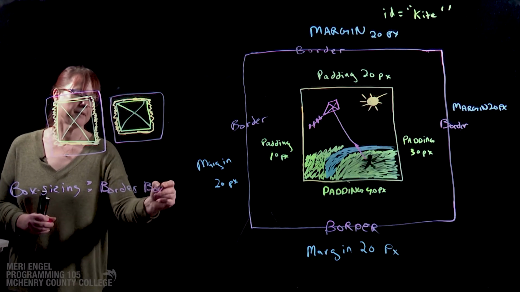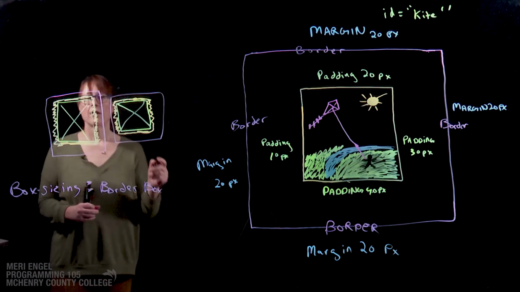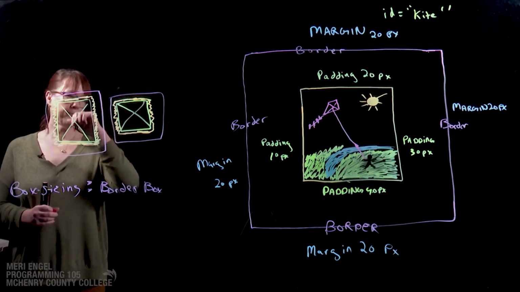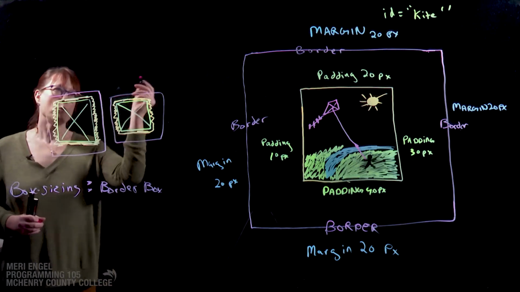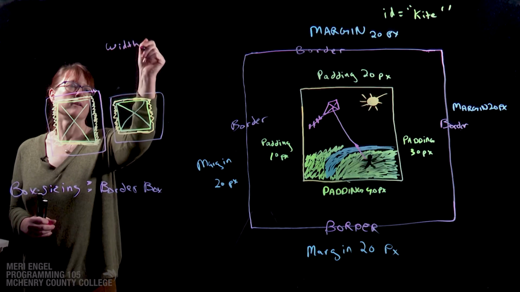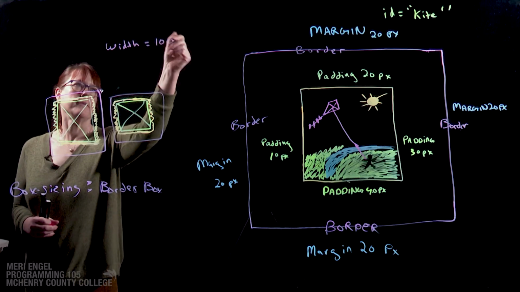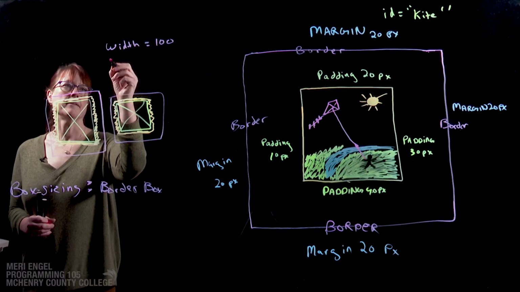box. This makes things easier for us because when we're developing, what we typically want to do is we're going to start with an image and we're going to set the width of the image 100. Let's say padding 10 pixels on each side.